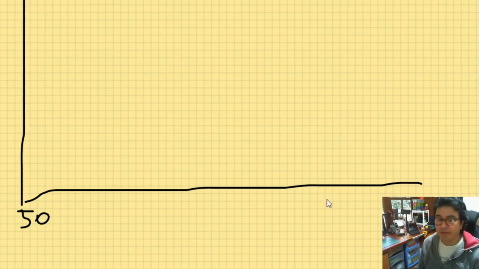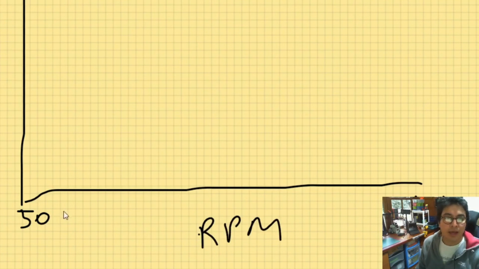We start off at 50, I'm going to go up to 100. This is RPM on the x-axis, and on the y-axis we're going to have MPH, and again we'll go to a max here of 20, and we'll call this 10.